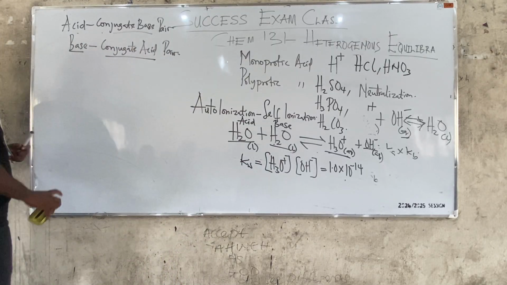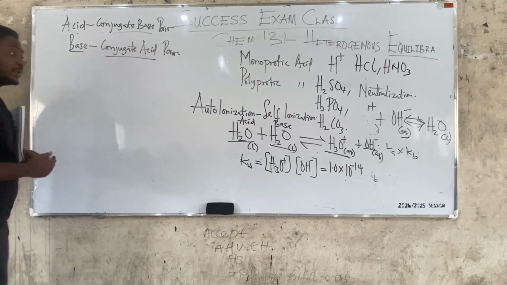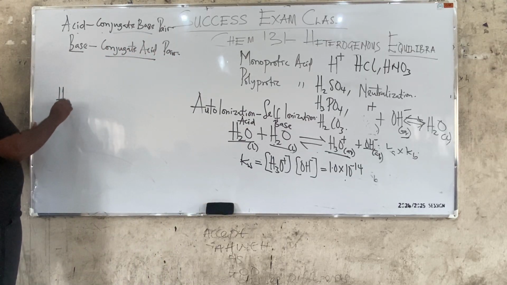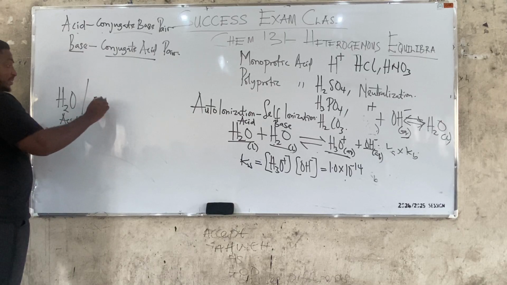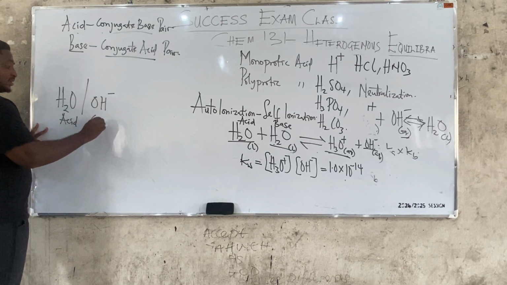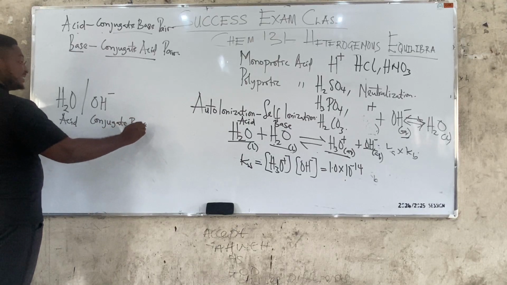So H2O as an acid, its conjugate base is OH minus.